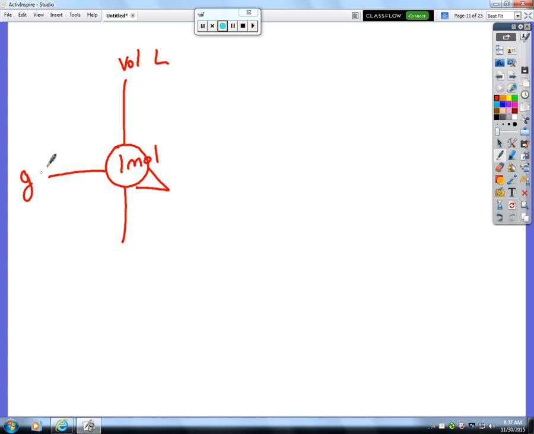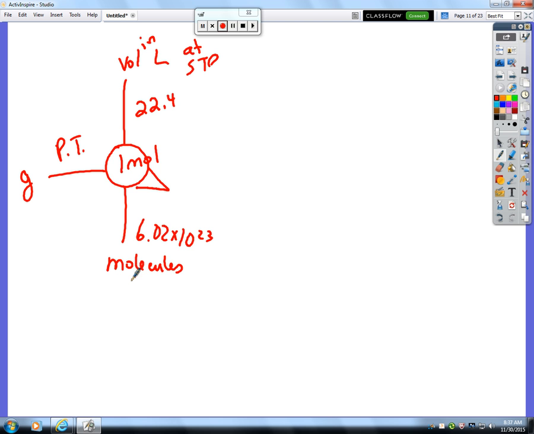I've got grams from a periodic table, 22.4, which is volume in liters at STP. And here's 6.02 times 10 to the 23rd. And down here are words like molecules, ions, atoms, and formula units.